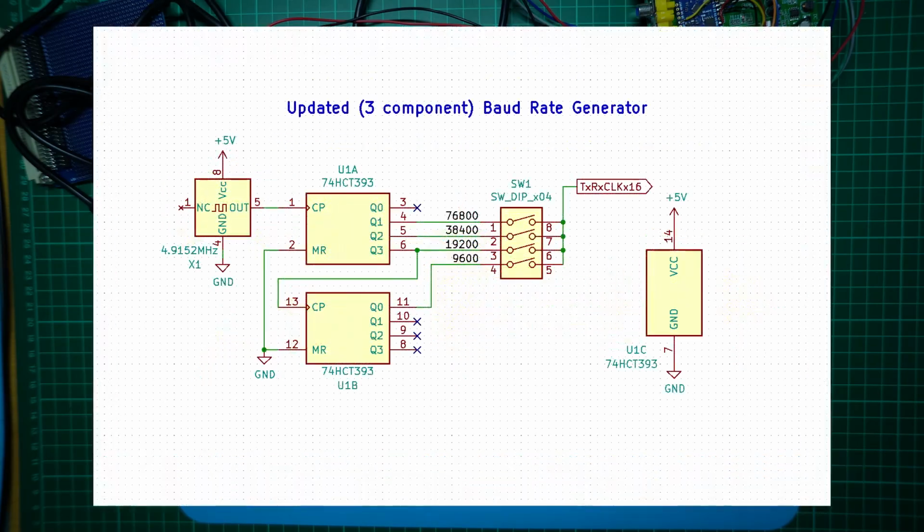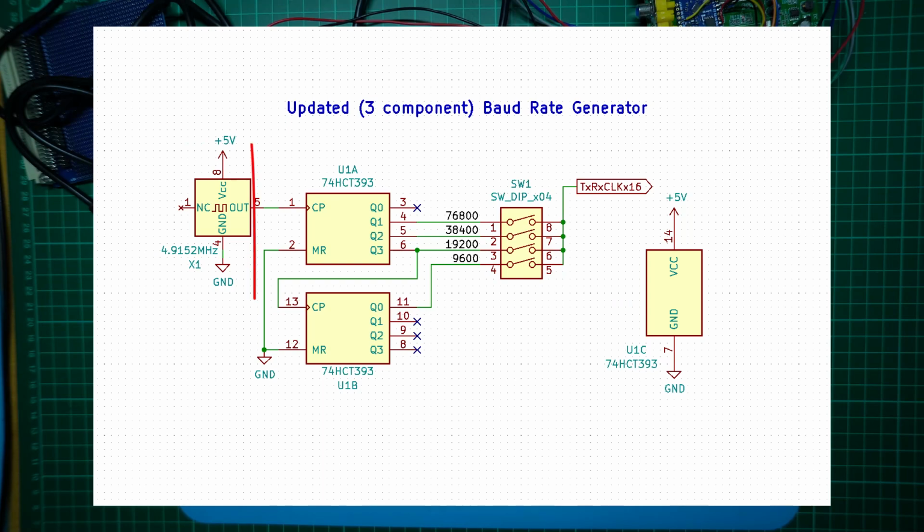So here is an updated circuit that I've come up with. In place of the 2.4576 MHz crystal, resistors and the TTL 7404 hex inverter, I'm instead using a self-contained TTL 4.9152 MHz crystal oscillator. This frequency is twice the original crystal frequency, but 4.9152 MHz oscillators are more commonly available.